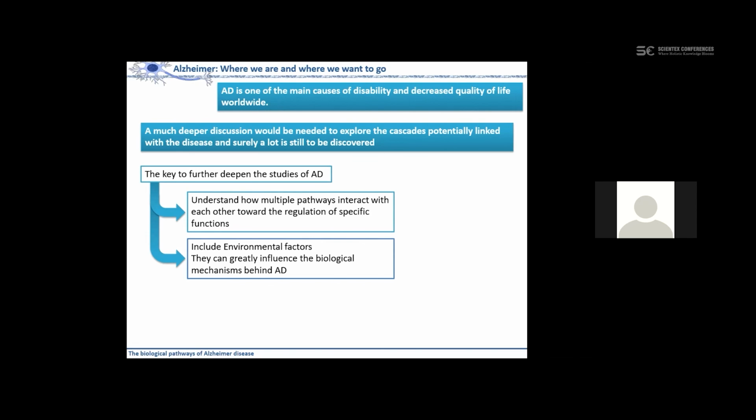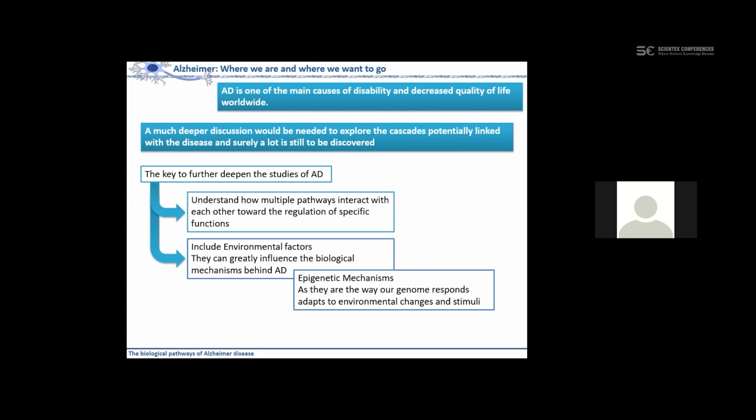On the other hand, I think it's important to include in the studies environmental factors, because we know that Alzheimer's disease is a multifactorial disease. They can greatly influence the biological mechanisms behind AD, and in particular, I think the epigenetic mechanisms are really important, as they are the way our genome responds and adapts to environmental change and stimuli.